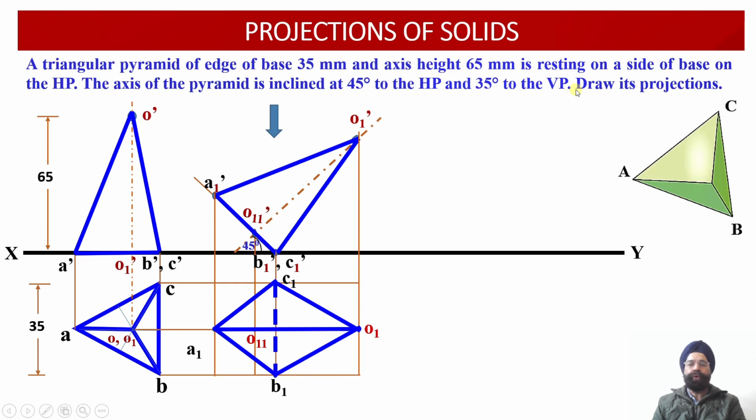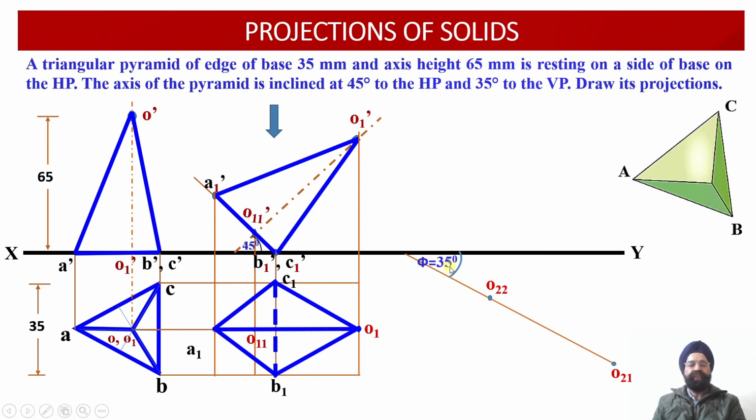Here we have to draw the angle phi, which is equal to 35 degrees. From this point we have drawn a projection line or construction line which is inclined with respect to the vertical plane at an angle of 35 degrees.